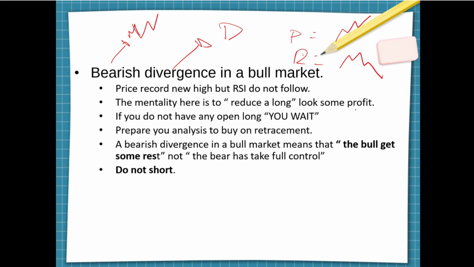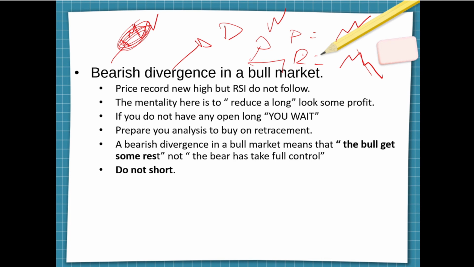This is a bull market. Bearish divergence in the bull market. Price is going up. Yeah, that's right. So no, sorry guys. Bull market. This is here on a weekly time frame. Sorry. So bearish divergence because RSI is not going up.